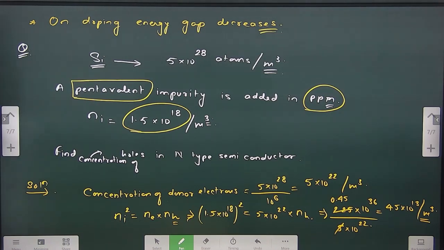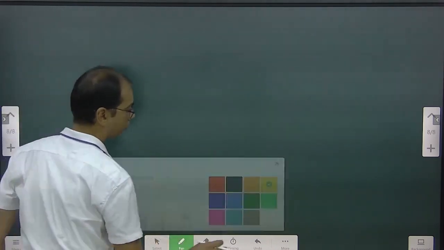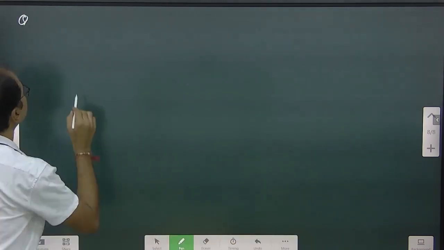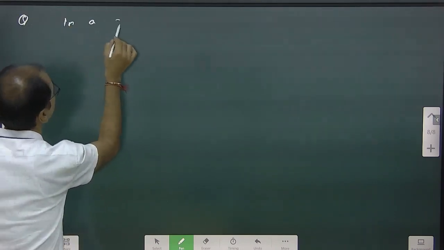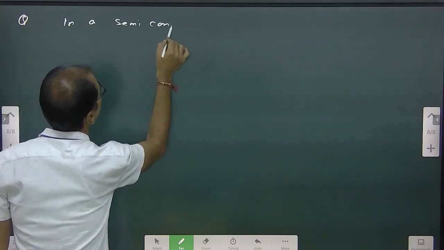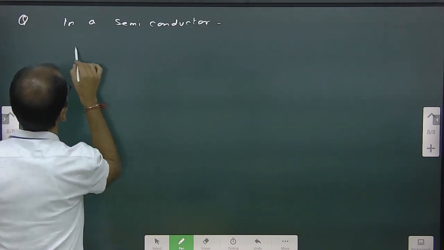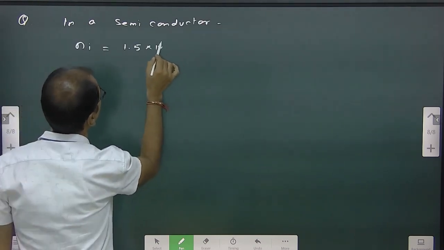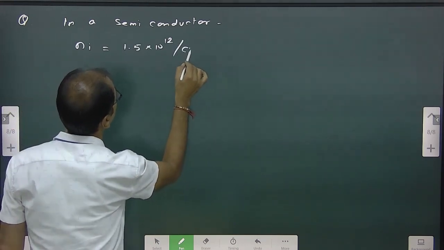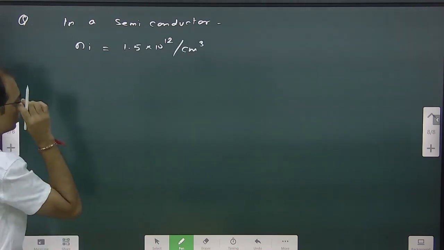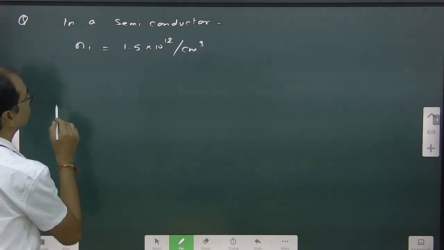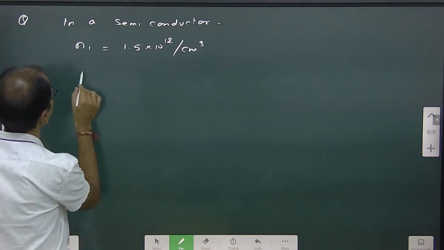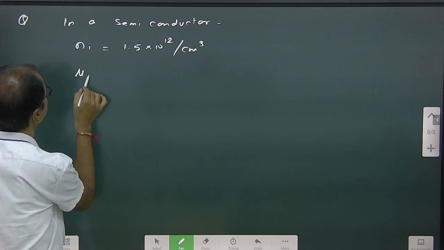Okay, let's do one question on conductivity also. The question says, let's say in a semiconductor, Ni is 1.5 into 10 to the power 12 per cubic centimeter.